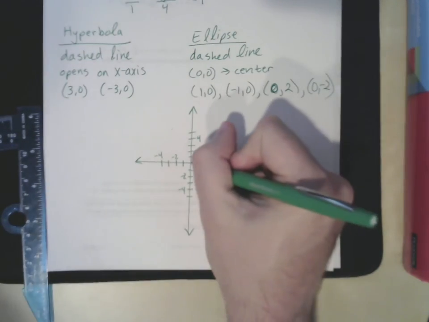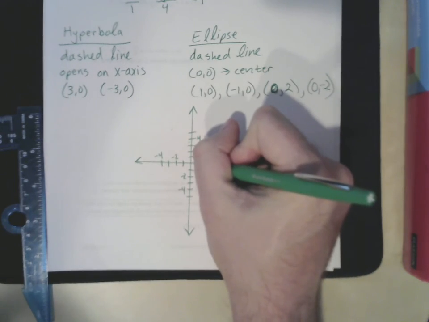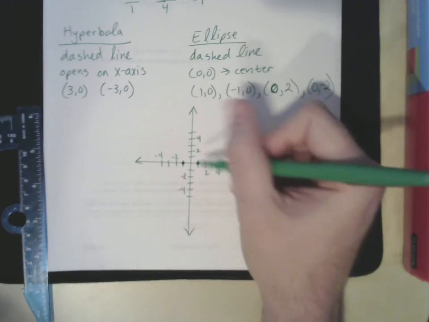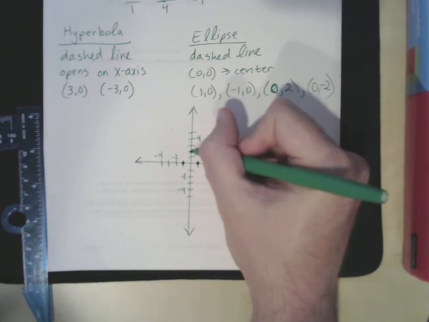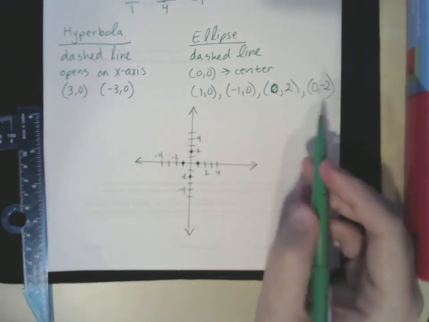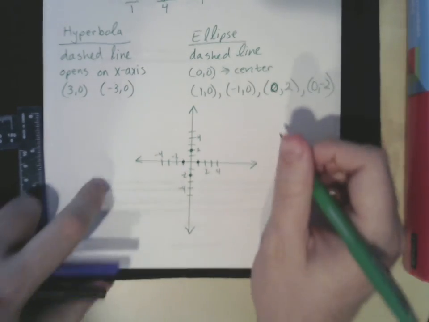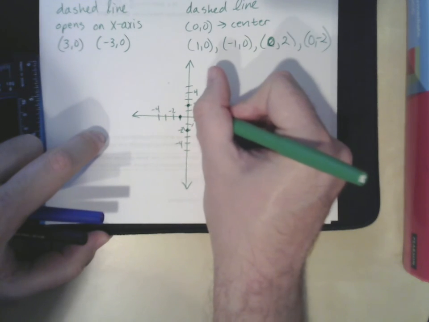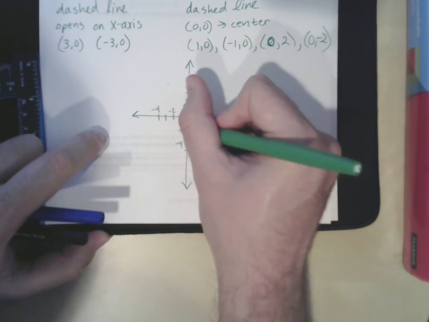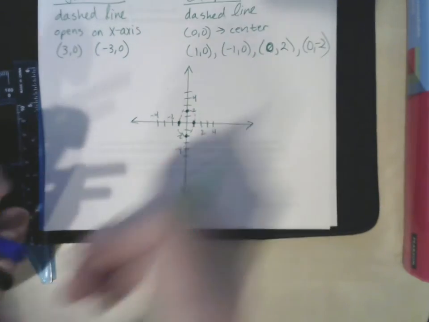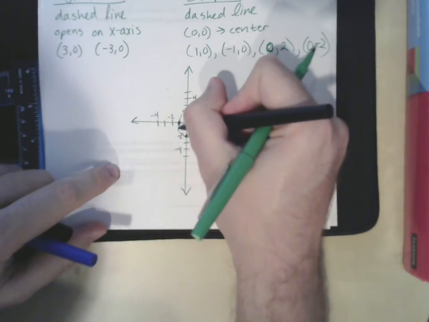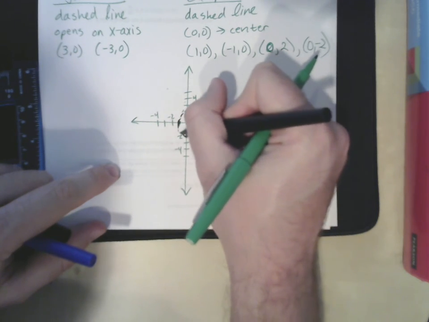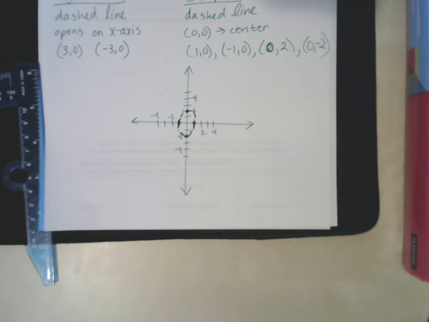Center at 0, 0, points 1, 0, negative 1, 0, 0, 2, 0, negative 2. It's a dashed line, so I'm going to make my ellipse dashed as best I can. How about this? Let's do it in black, it'll make it more obvious. That looks pretty dashed.